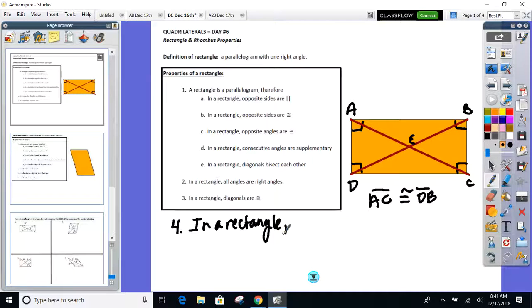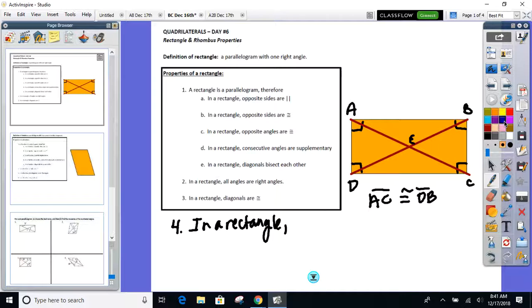I want you to discuss this, maybe not in your group, but maybe to yourself. Diagonals are congruent, right? And they also do what, since it's a parallelogram? Bisect each other, right? So they're congruent, and they cut each other in half. What should I know about AE, EB, EC, and also ED? Because the whole things are congruent, and I'm cutting them in half, what do you know about the 4 individual pieces?